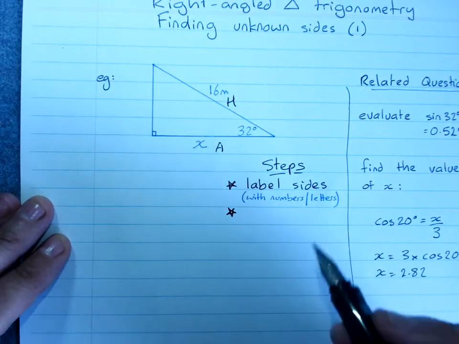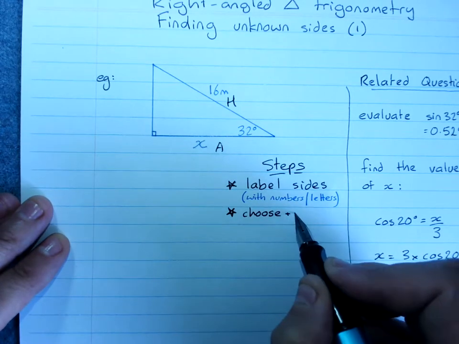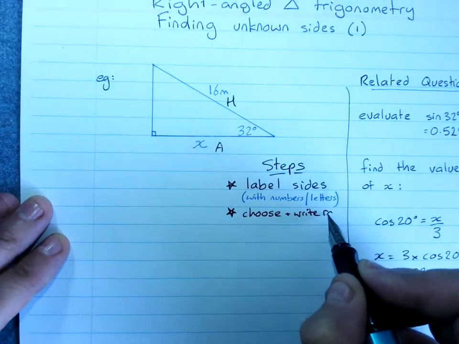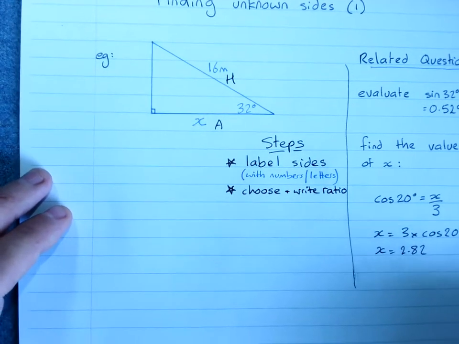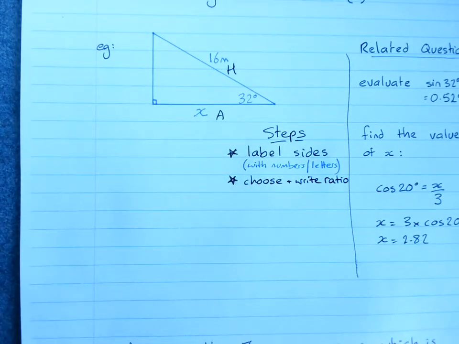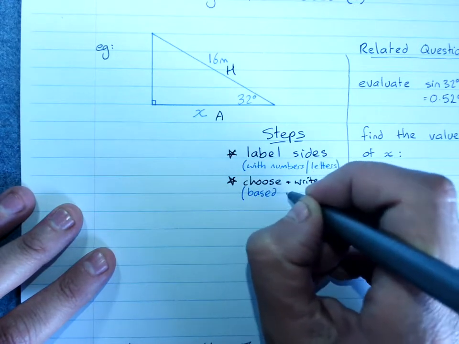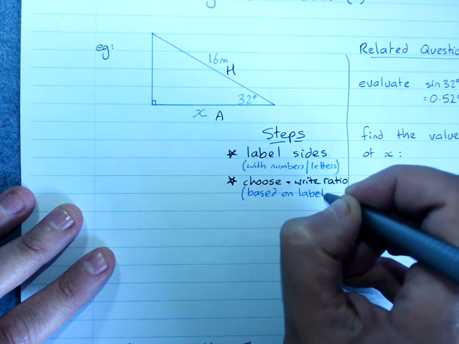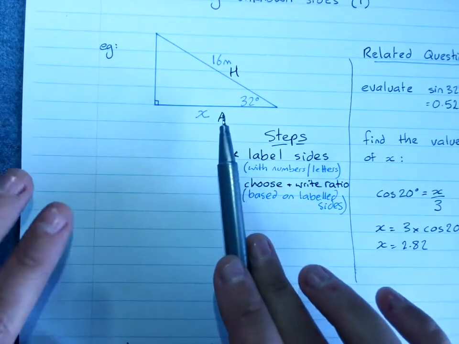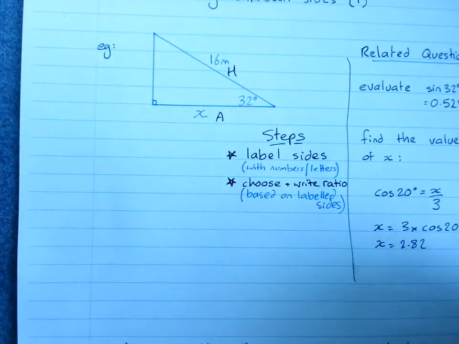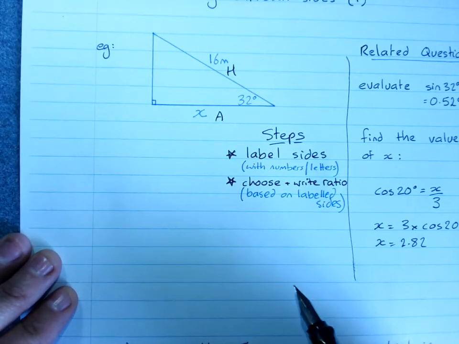Having labeled the sides, that lets you choose and write your ratio. Now, you're choosing the ratio based on which sides you labeled. I labeled adjacent and hypotenuse, which means the ratio I can use is the one with adjacent and hypotenuse.